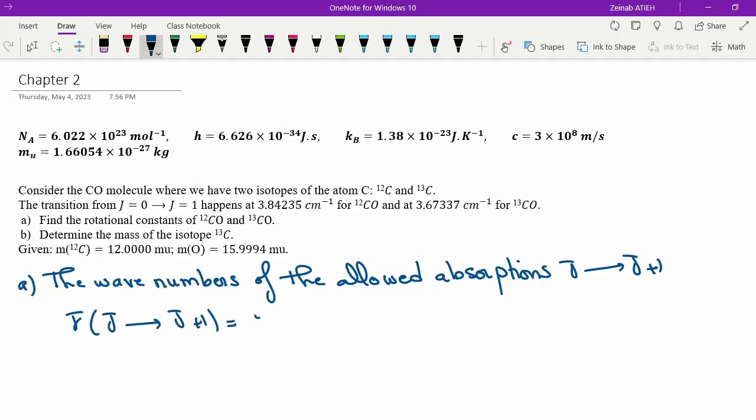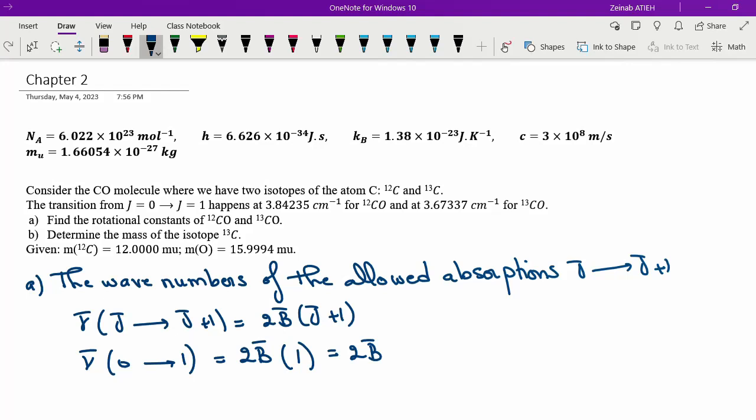They are equal to 2 B bar (J plus 1). We have already shown that in the course. So if we are talking about a transition from J0 to J1, that means in nu bar from 0 to 1, we have only to substitute 0 for J, we get 2 B bar 1, so it's 2 B bar.